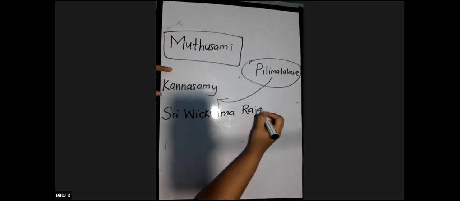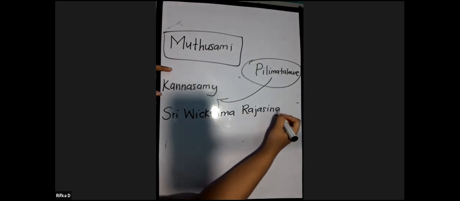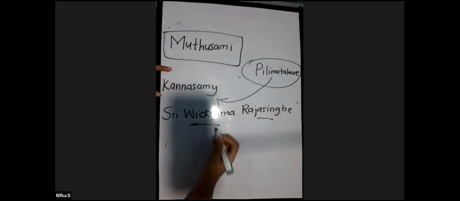Vikrama Rajasingha. So now tell me, after Rajadi Rajasingha, who became the king of the Kandyan kingdom, children? Yes, Kannasamy. He became the king in the name of Sri Vikrama Rajasingha.